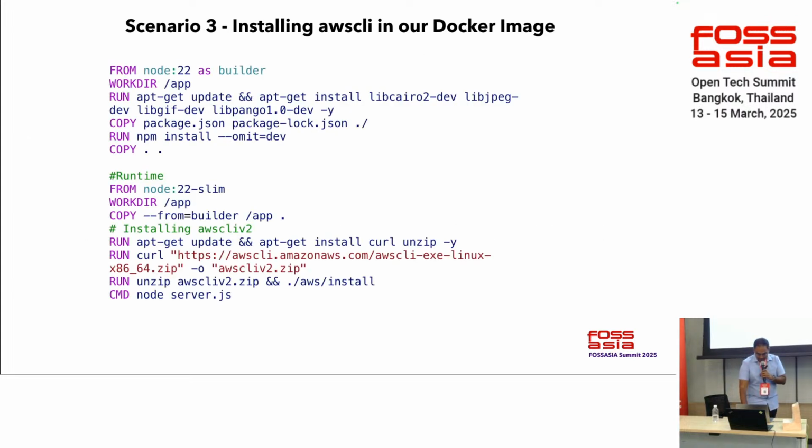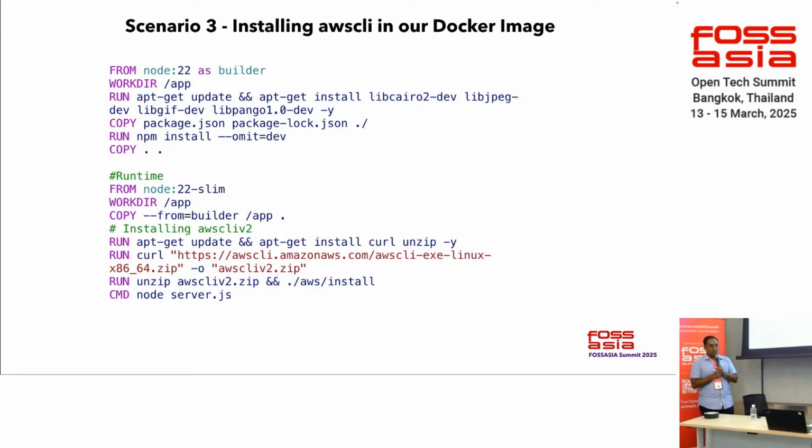Okay, going ahead, I'd like to show you this one. I think this is one scenario which will help you understand how we can again reduce Docker image sizes. You see the first part, I've implemented a multi-stage Dockerfile. In the first part, I'm installing a few things.